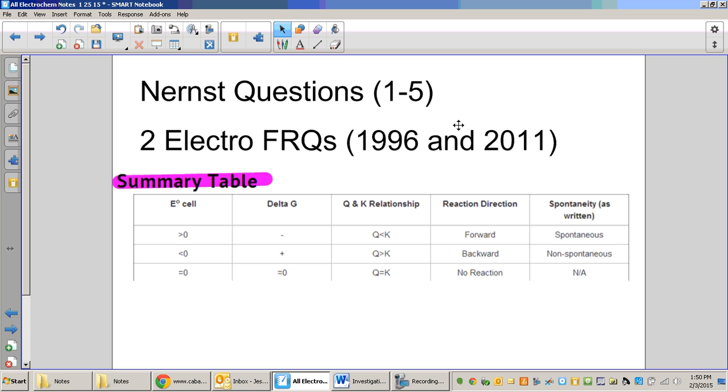Electrochemistry FRQs 1996 and 2011. They're in your packet. You know where all your FRQs are? In your packet. One second. So circle them. I think they're the first 2. Oh, hold on. Maybe I changed my mind.